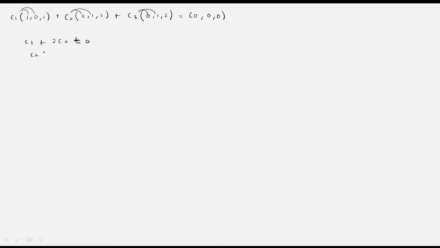So C2 plus C3 equals 0, and then the last one we have 2C1 plus 2C2 plus 2C3 equal to 0. Okay, let's change into matrix form. So 1, 2, 0. Okay, we don't have C1, so 0, 1, 1, 2, 2, 2.